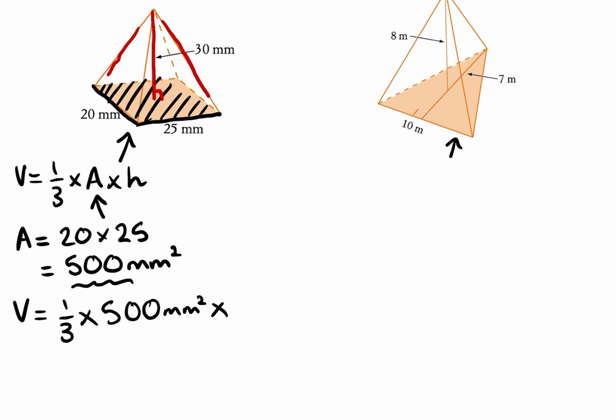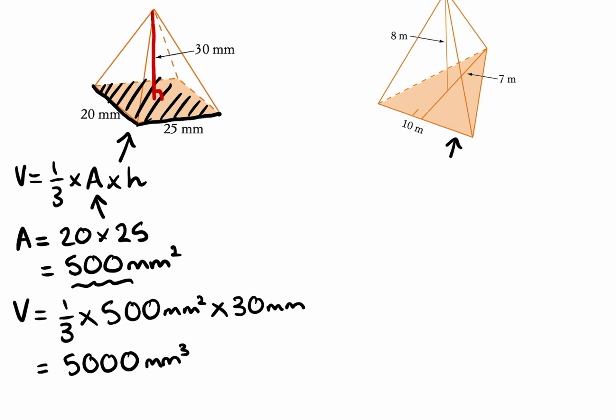We can't use any of these slant heights. It has to be perpendicular to the base. Just like with a prism, we need to use the perpendicular height. Okay, so that height there is 30 millimeters. So our volume, if we put that into the calculator, is just going to be a third times 500 times 30, which is 5,000. And we're talking about volume now, so it's going to be cubic millimeters.